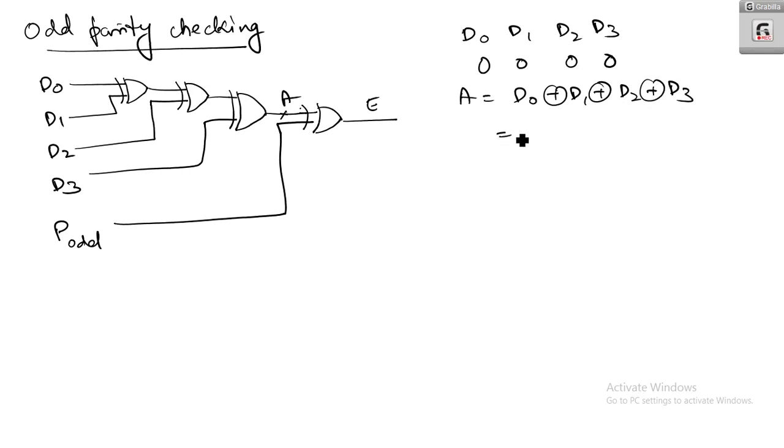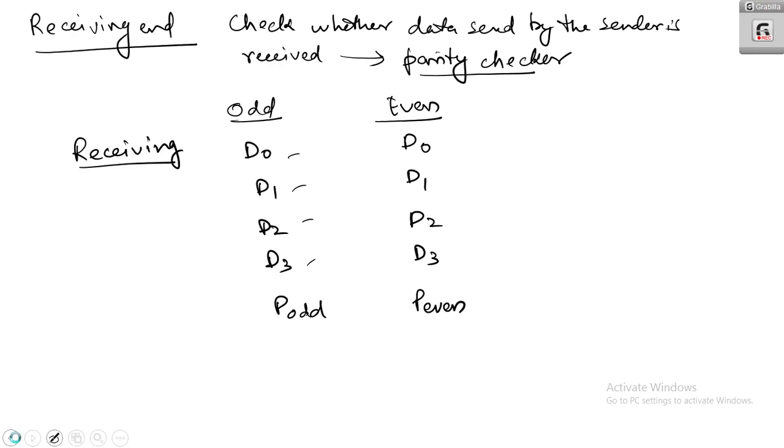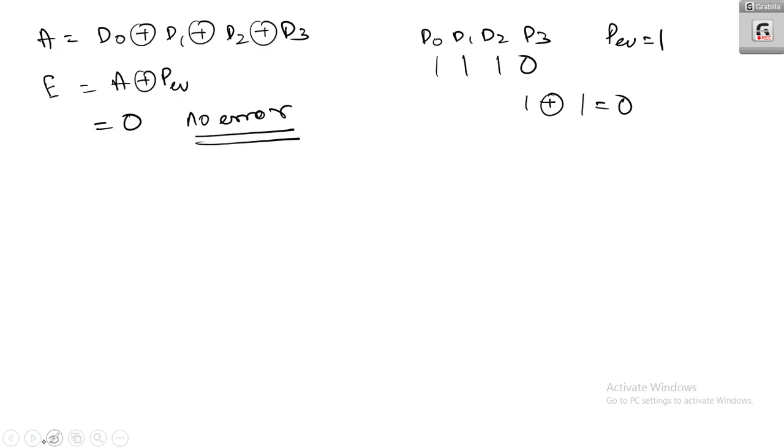So here 0 XOR 0 is 0, 0 XOR 0 is 0, 0 XOR 0 is 0. So A is 0. Now what is E? E is the odd parity obtained XORed with A. In the first case, the odd parity obtained is 1, right?